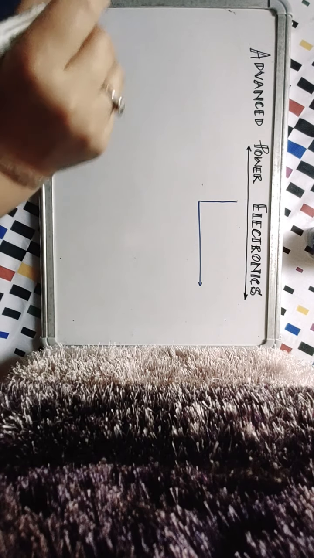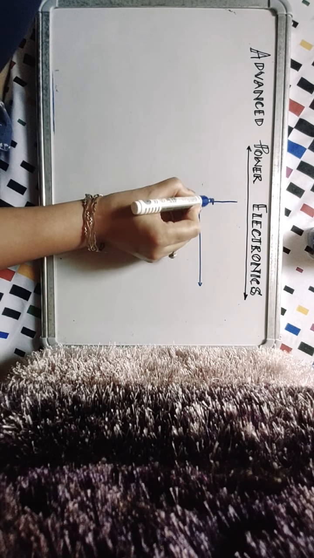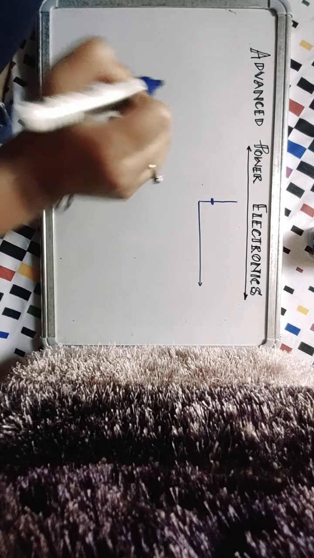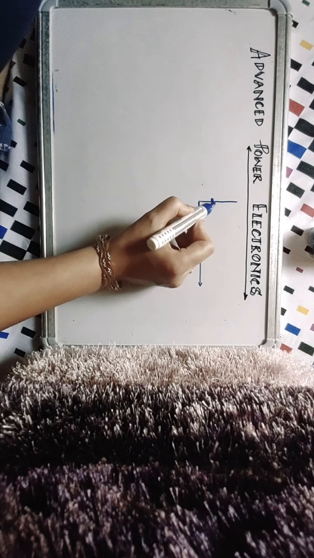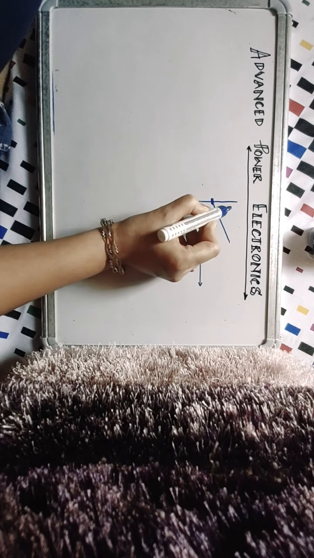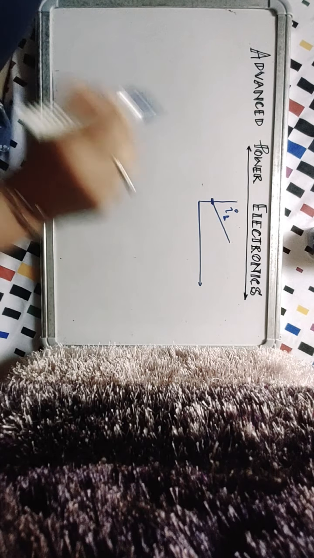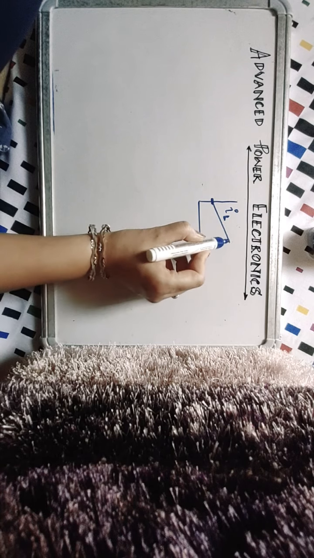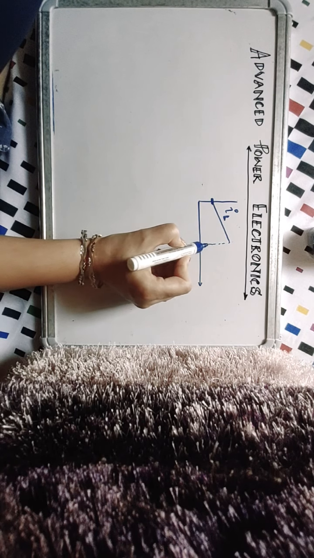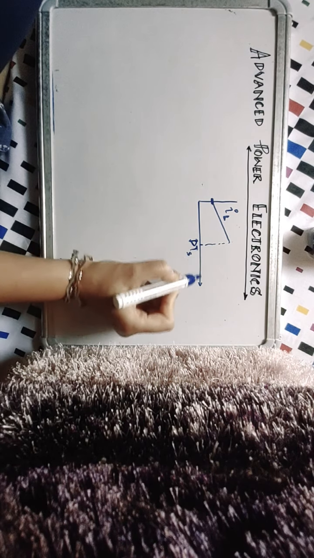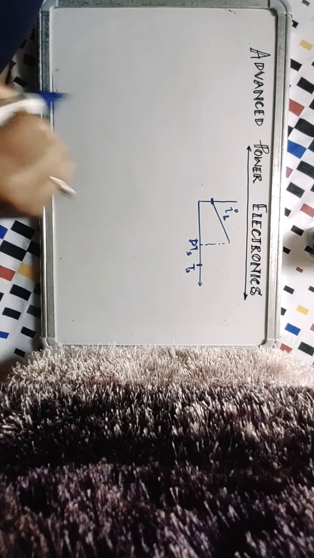When an inductor stores energy, its current rises. It stores energy in the form of current, magnetic field. Its current rises, and when it releases energy, say this was DTS, and then there is a small interval TS.